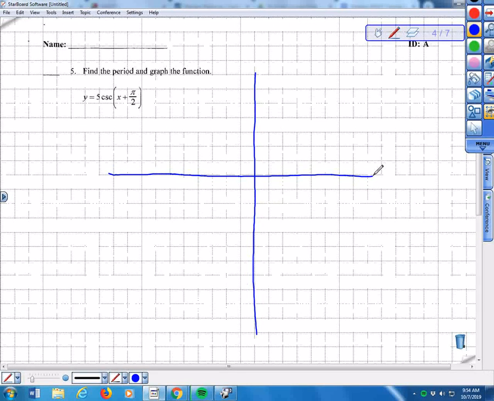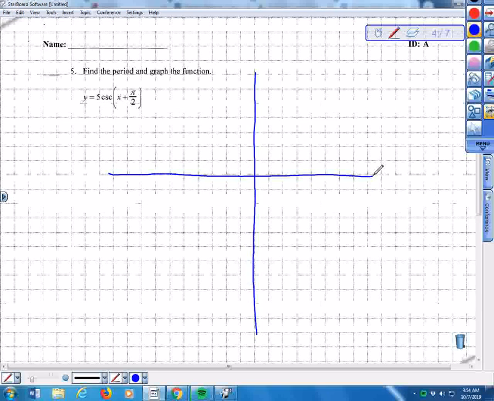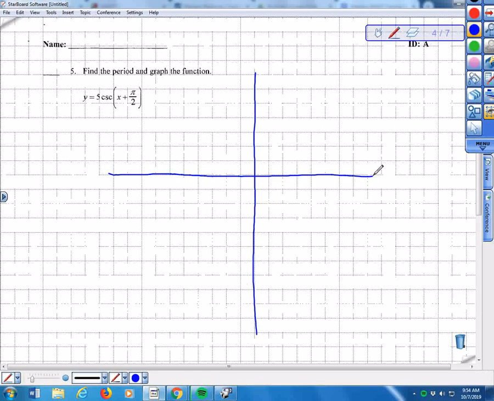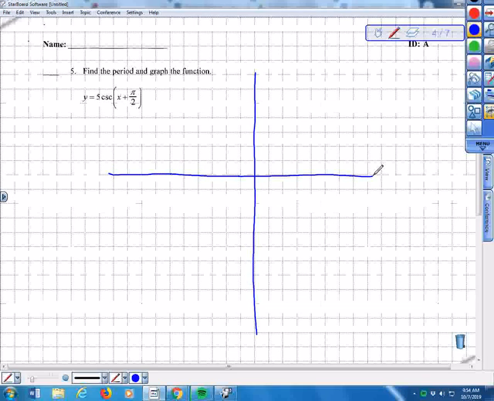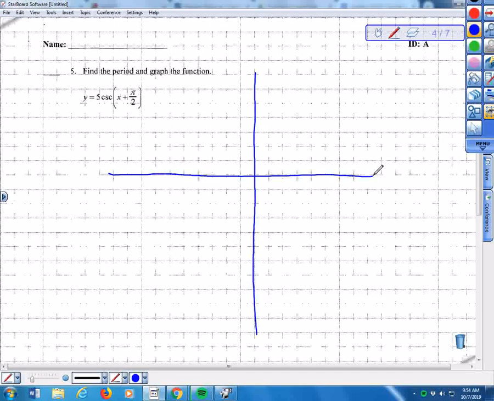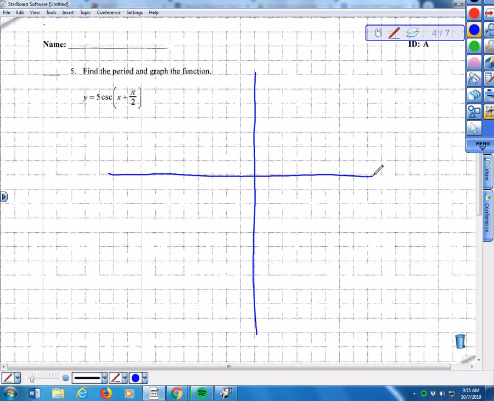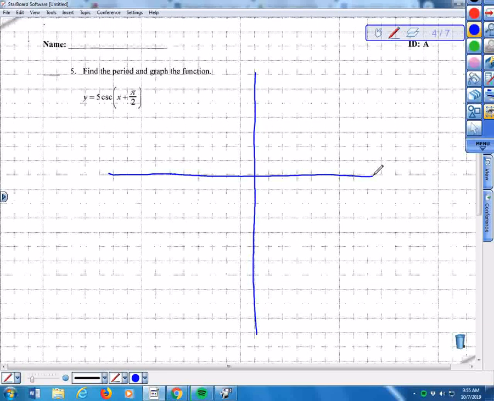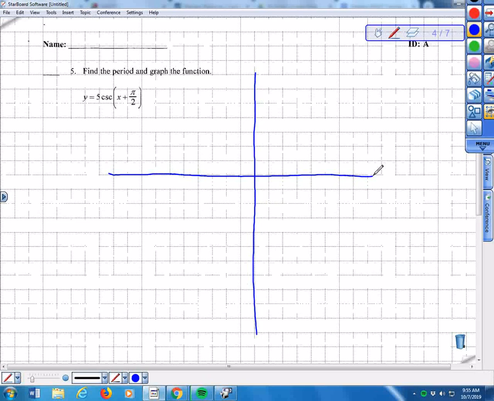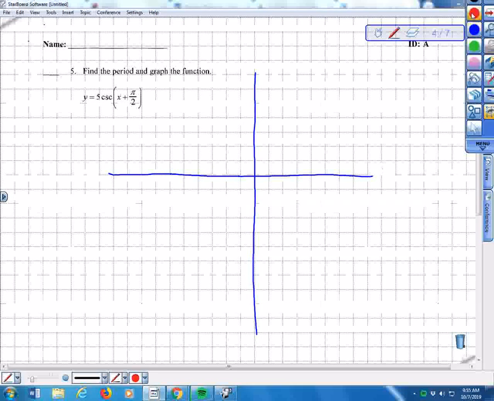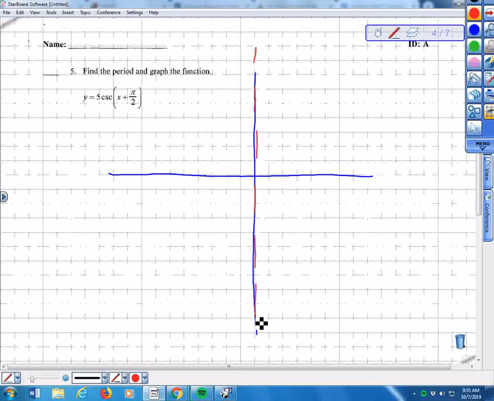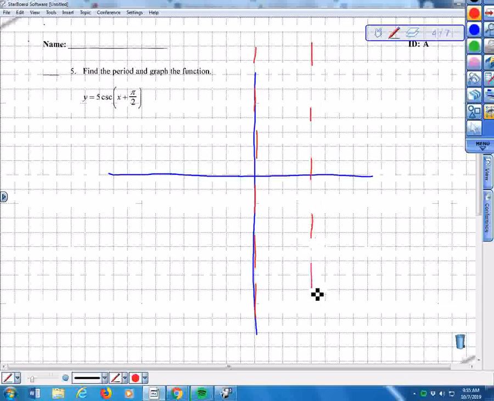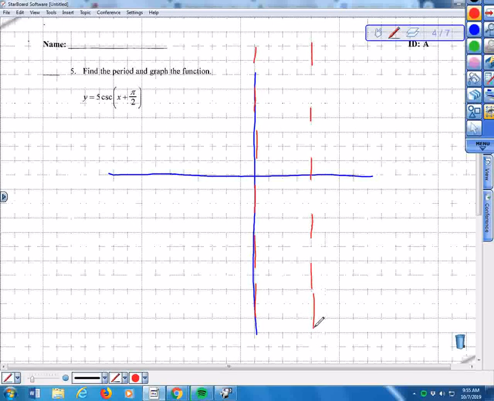Okay, so I'm looking at cosecant, inverse of sine. Where is cosecant undefined? Where sine is 0. Where is sine 0? 0, pi, 2 pi, right? 0, let's just call this pi, and 1, 2, 3, 4, 2 pi.